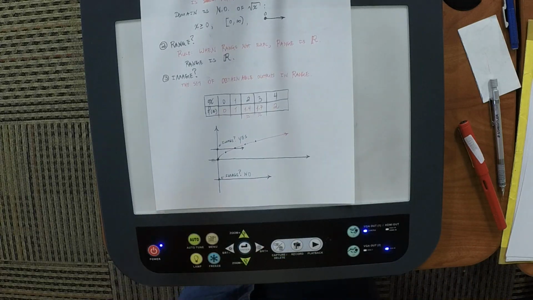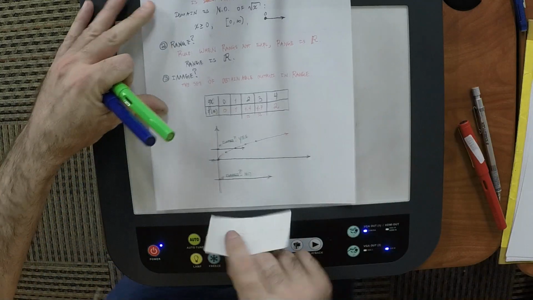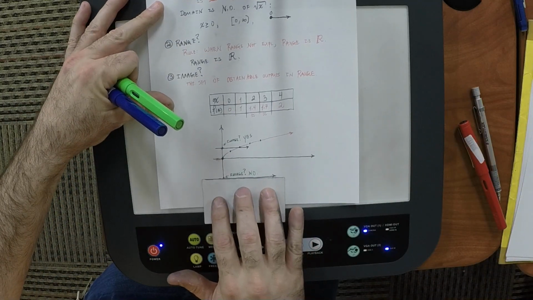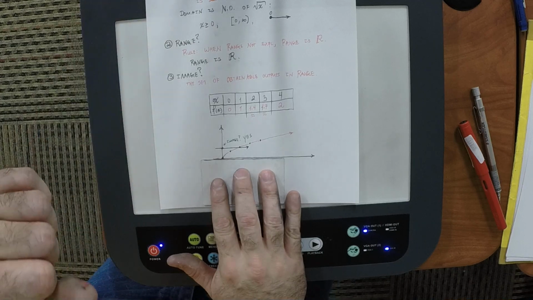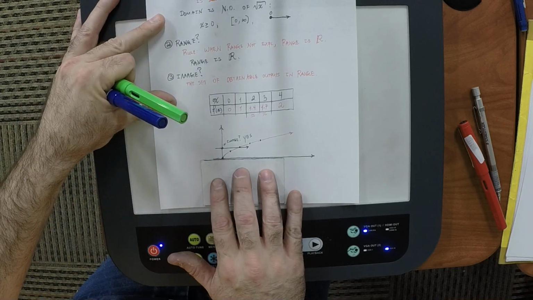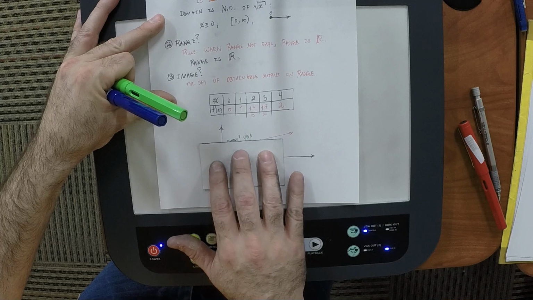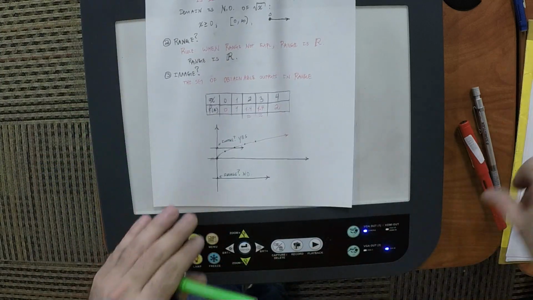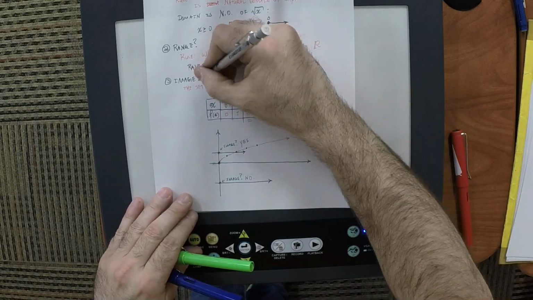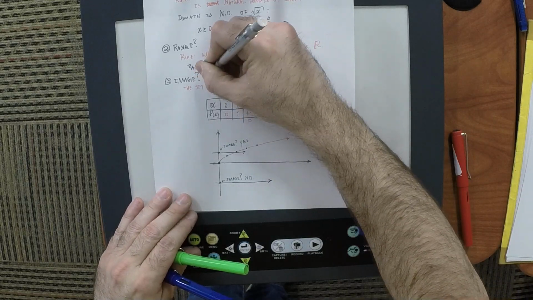So what is the image for this function? No, yes, right? That's the first one you can get. And then do you observe that you can get all of them from that point on? As a result, what is the image? 0 to infinity.